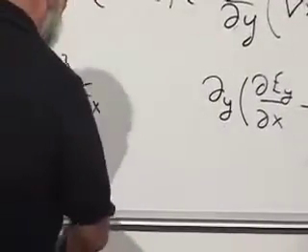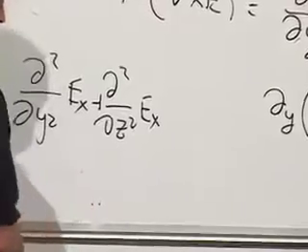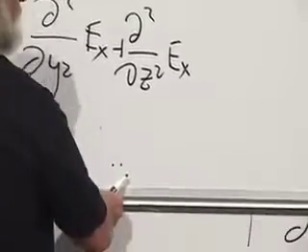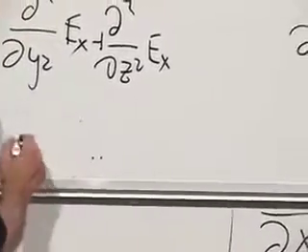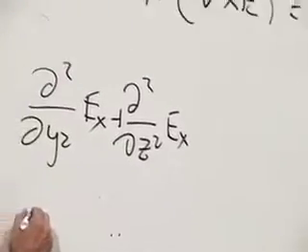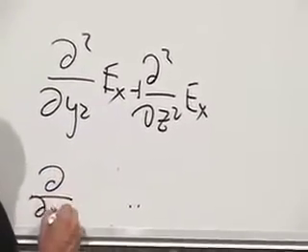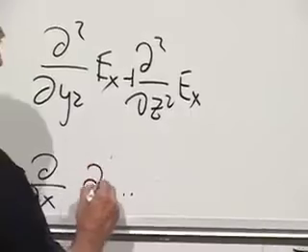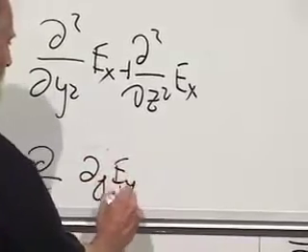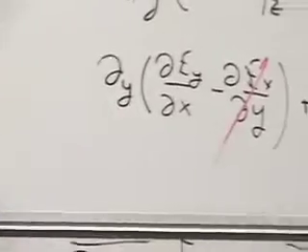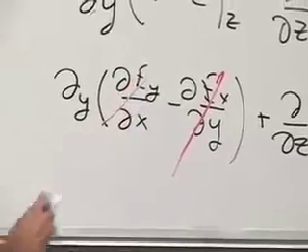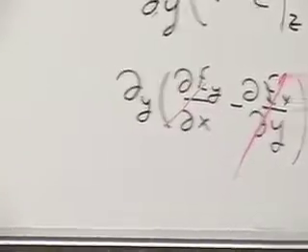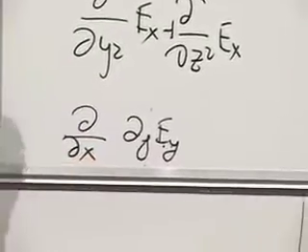And then we get two other terms which look a little mysterious. What are they? They are derivative with respect to x of dy Ey. That's this term over here. It looks a little different because I've interchanged the x and y derivative.